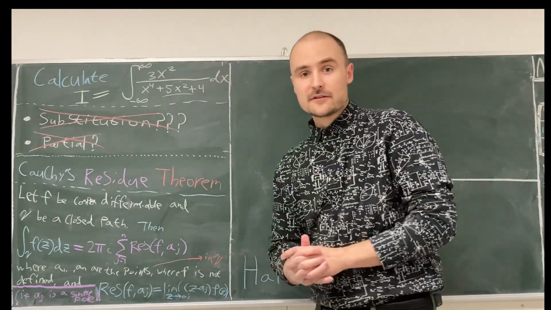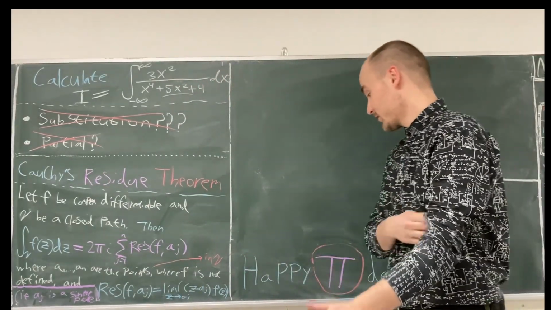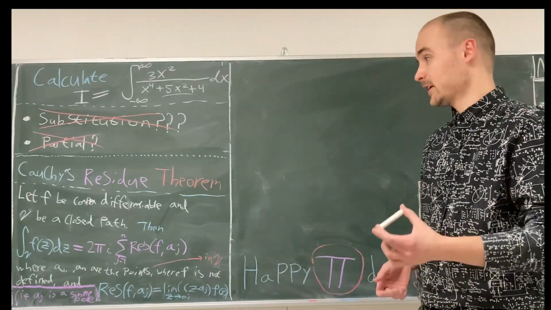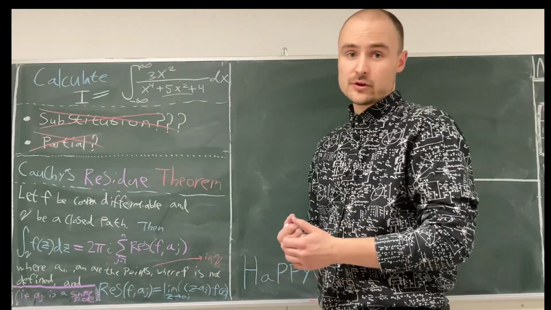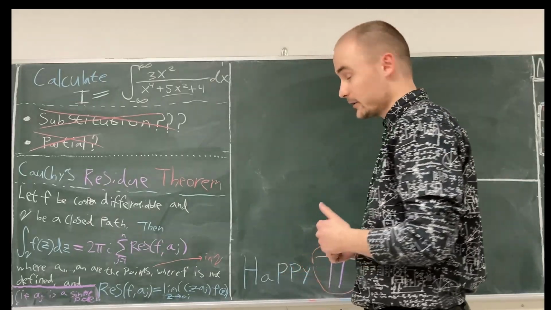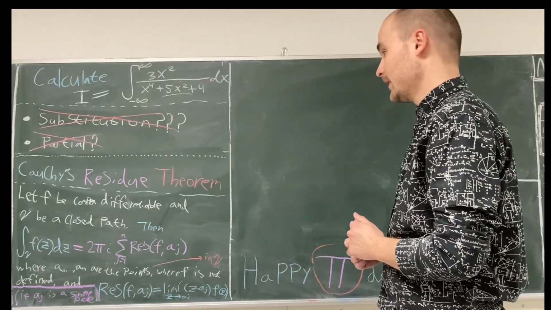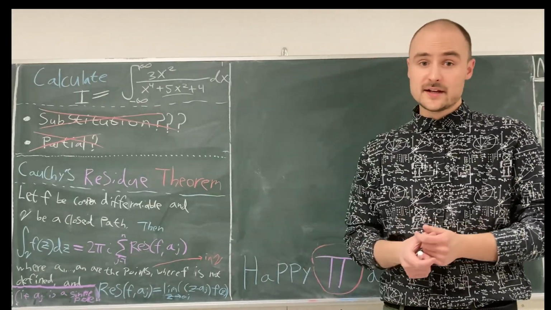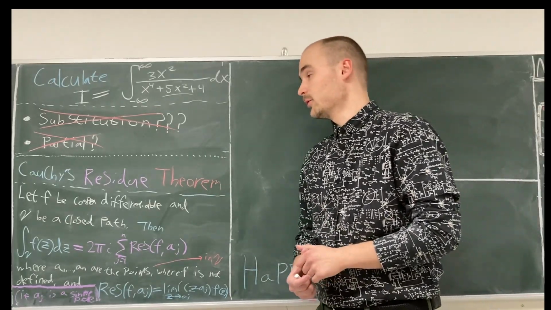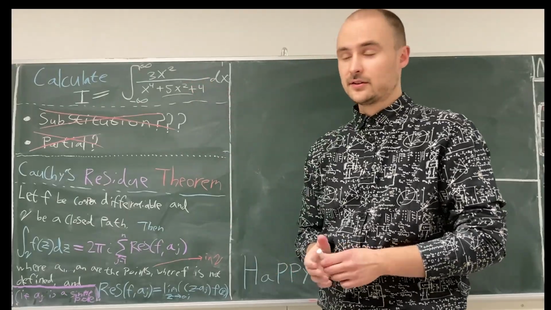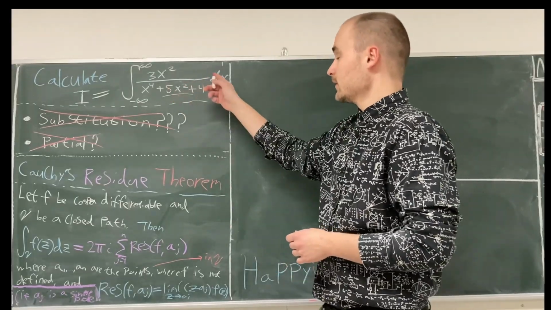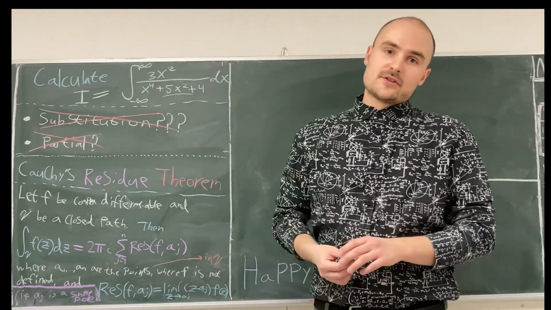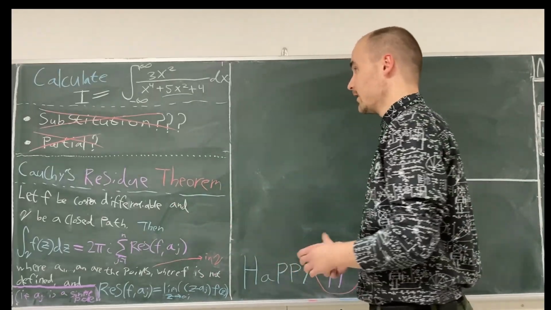Well, it turns out that complex analysis can actually help us here. One of the main theorems in complex analysis is going to be Cauchy's residue theorem. And it states that if we have a complex differentiable function, so all polynomials are complex differentiable, and also quotients of complex differentiable functions are again complex differentiable.